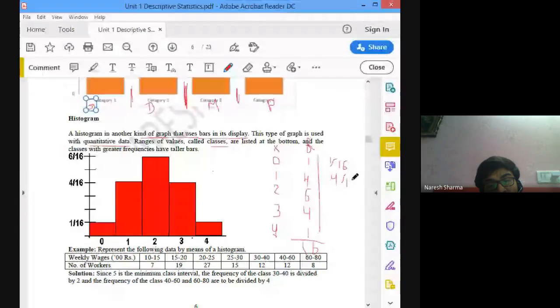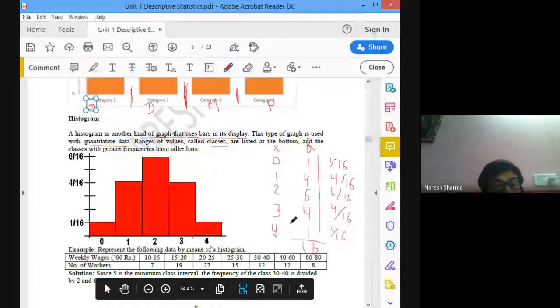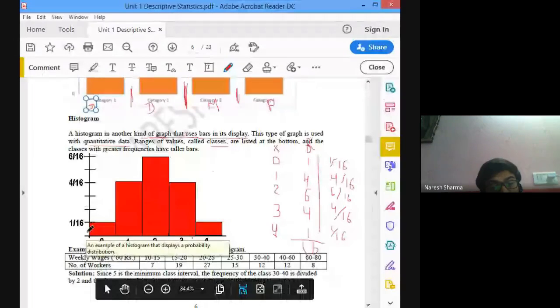Similarly 6 by 16, similarly 4 by 16, and 1 by 16. So this first height represents the area of 1 by 16. This complete bar is 1 by 16.